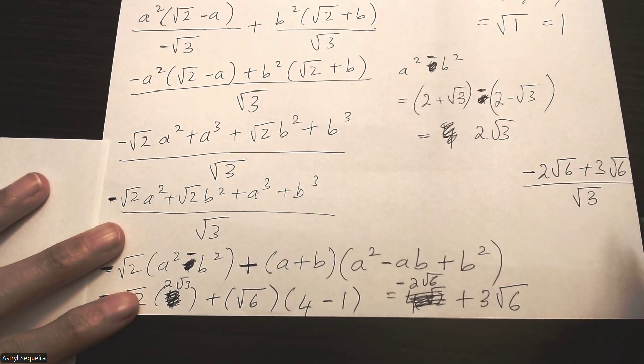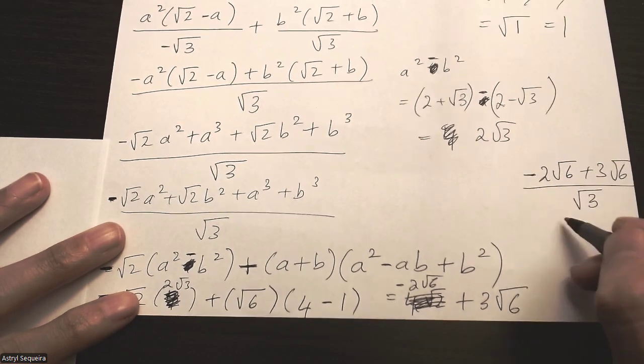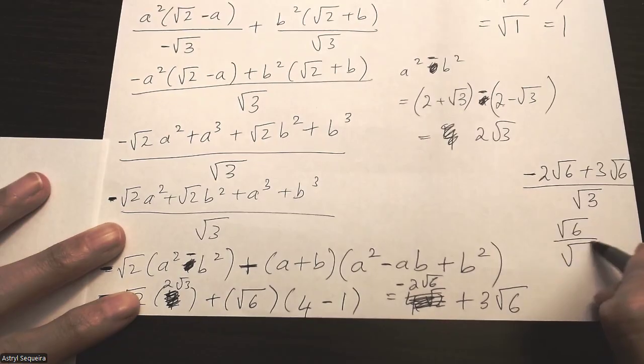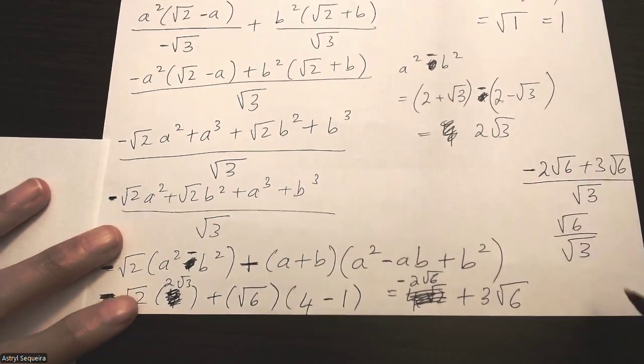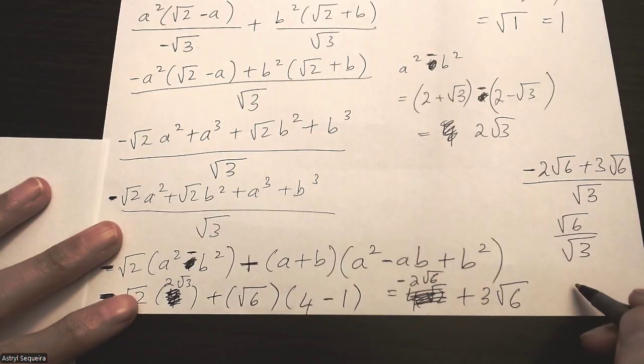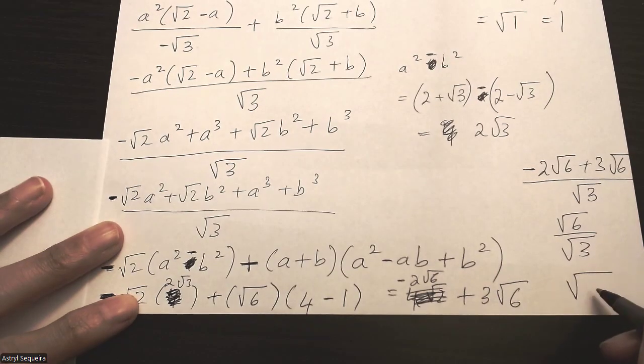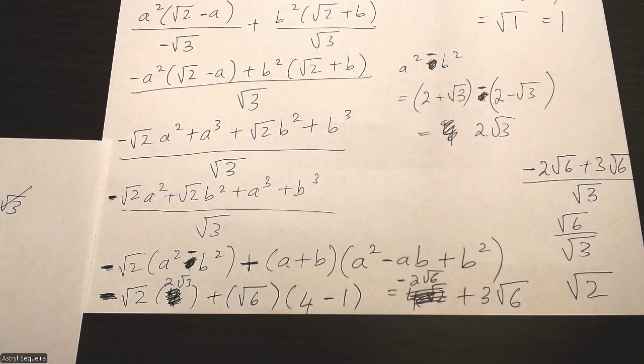Can combine like terms, so that's just root 6 over root 3. And then finally, I can divide these, and my final answer to this question will be root 2. And that is my fully simplified solution to this question.